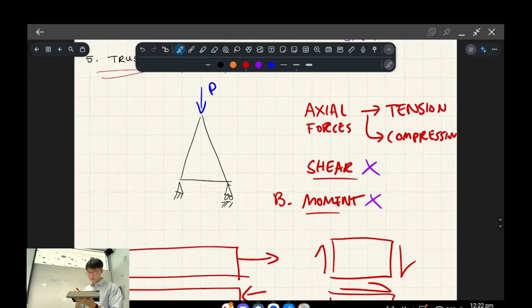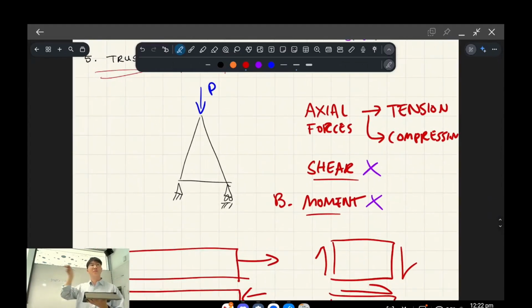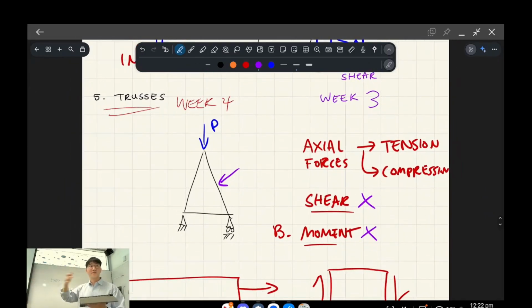What do I mean by transverse force? I mean it's happening perpendicular to your member. I'll give you an example where you will have induced shear. If I did that to the truss, it's now experiencing shear. You'll see this more in depth as you do your practice problems in week 3 and week 4.